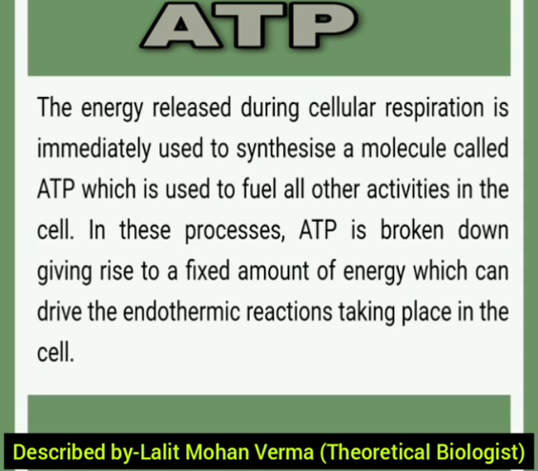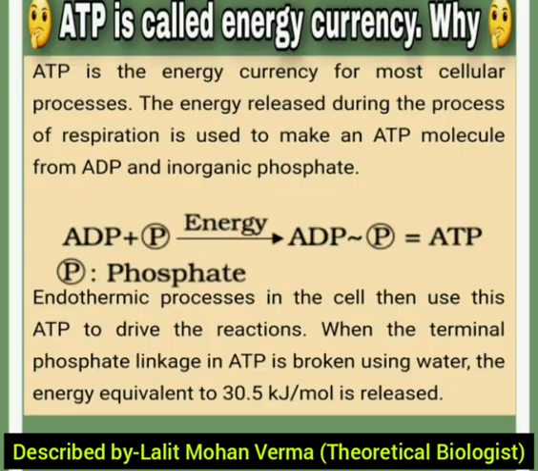Keep in mind, endothermic reaction, and full form of ATP is adenosine triphosphate, and ATP is also known as energy currency because it provides energy to all the cells for all the activities. ATP is called energy currency.